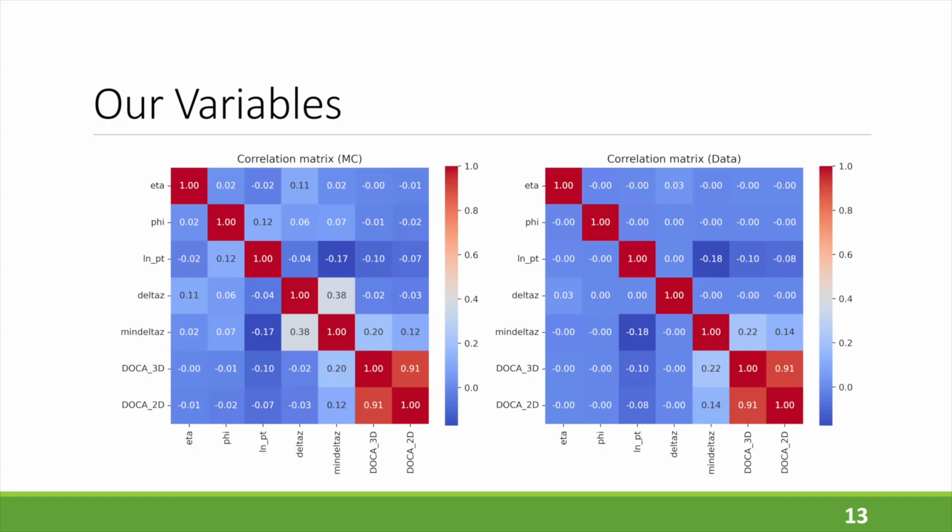The other parameters are not correlated, I can say, at all, except minimum delta z and delta z, and the logarithm of momentum. Therefore, it is a fairly good choice for training the neural network.